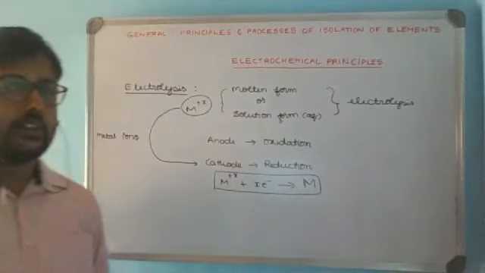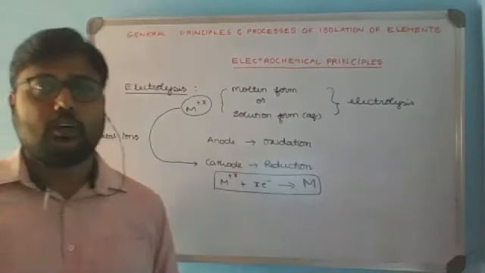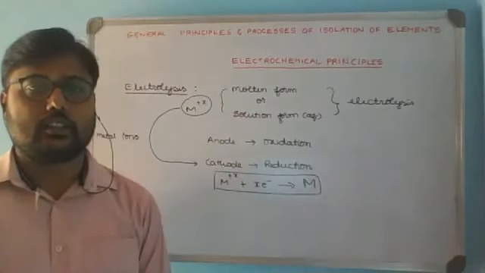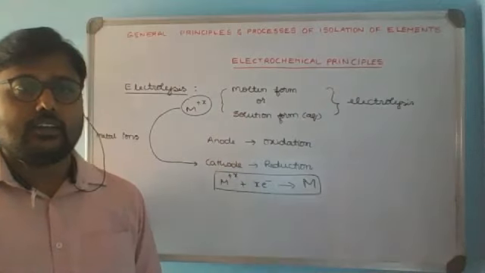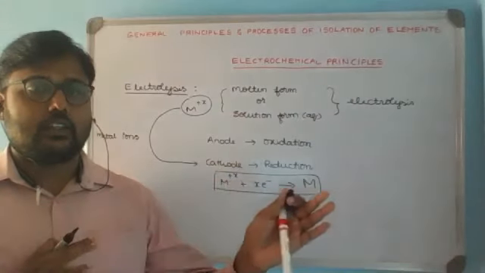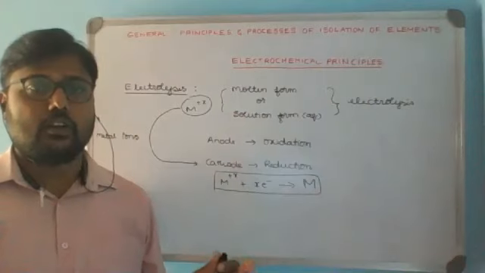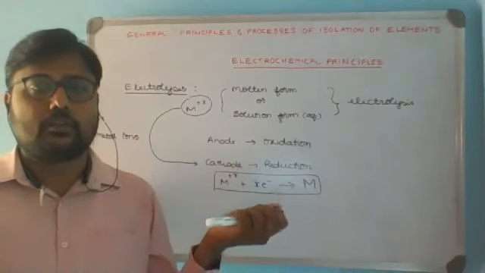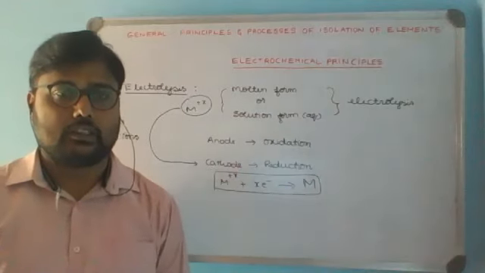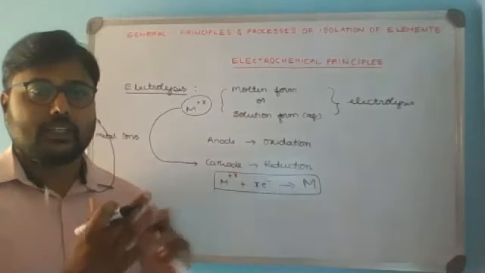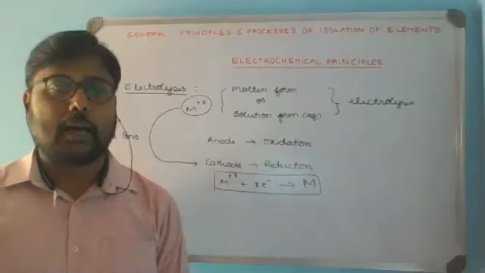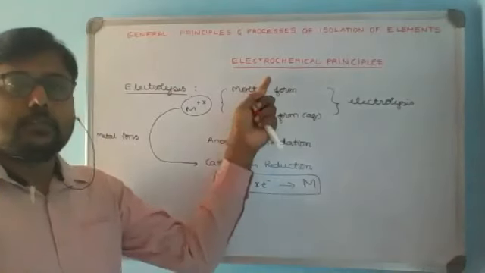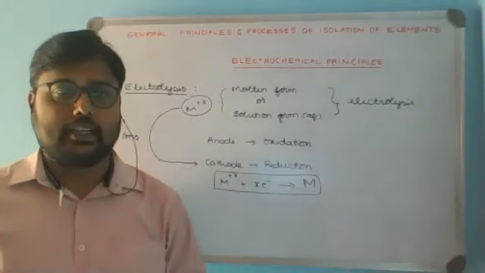Now here we need to understand the principles explaining this electrolysis process. We cannot connect unknown electrodes, and without the knowledge of electrochemical principles, it is not possible to control the electrolytic process. We want an economically feasible process to happen, so electrochemical principles will have a greater weightage.